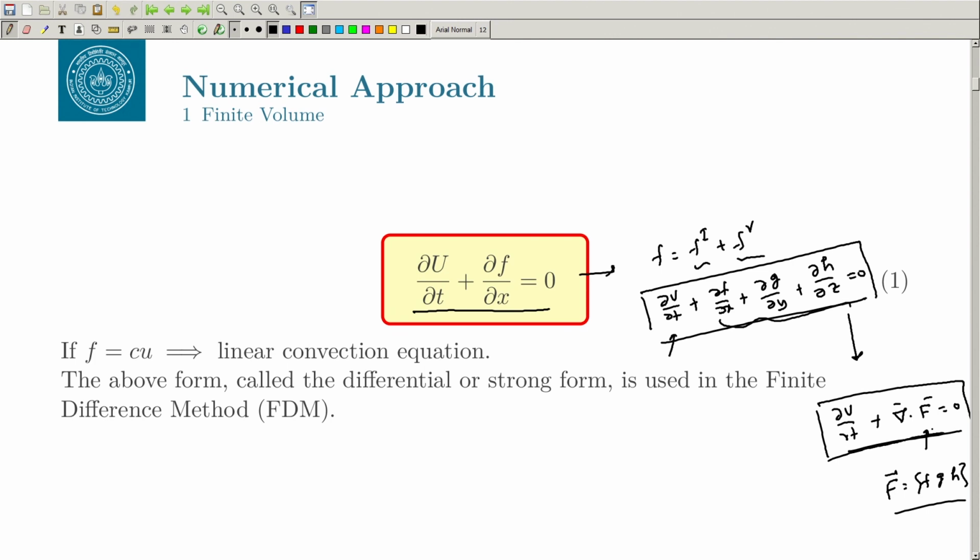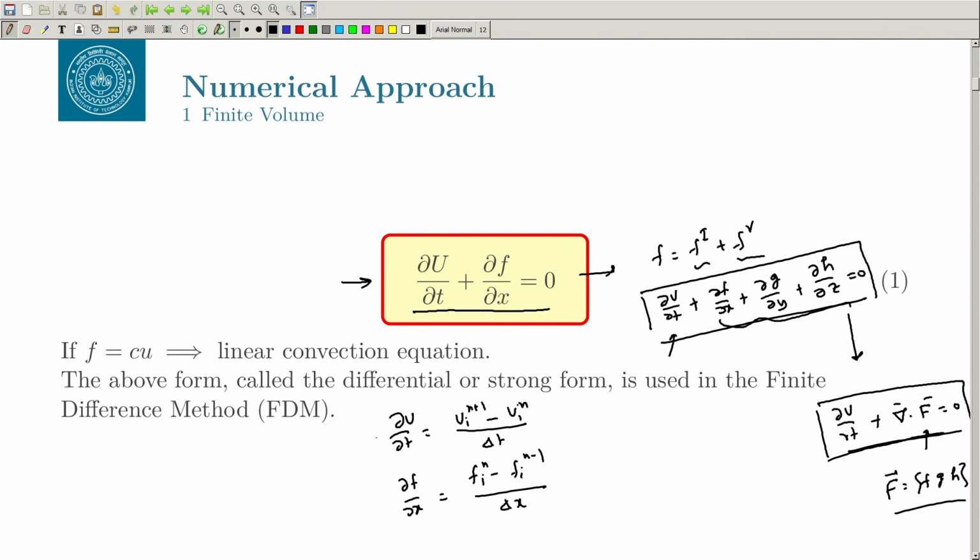Now, when you basically discretize the equation as it is, like you have this differential form and you discretize it, what you get is a finite difference approach, right. Because, if you recall, del u by del t is nothing but u_i^(n+1) minus u_i^n by delta t, and del f by del x, depending on what scheme you are using, if you are using a backward scheme, is f_i^n minus f_(i-1)^n by delta x, right.